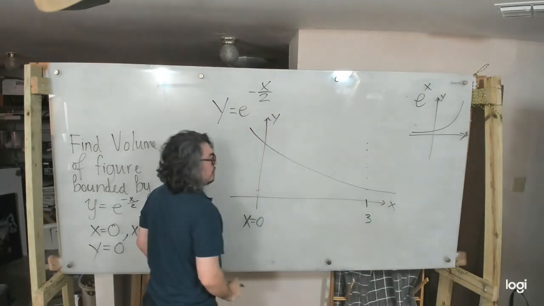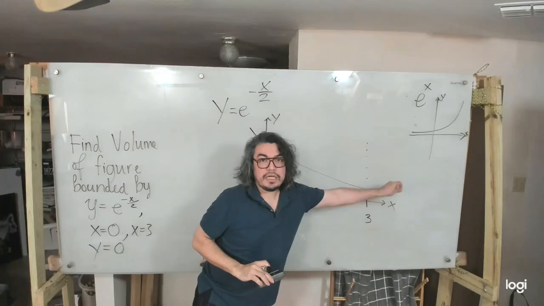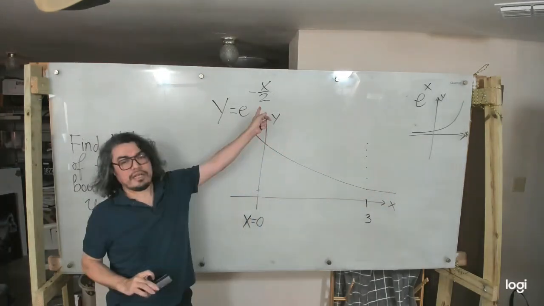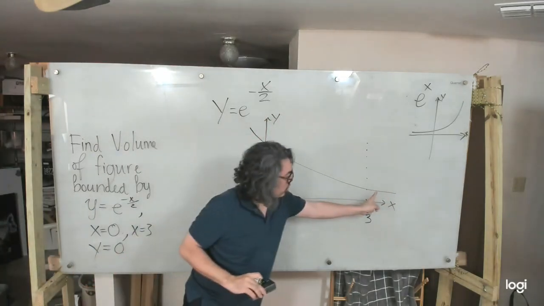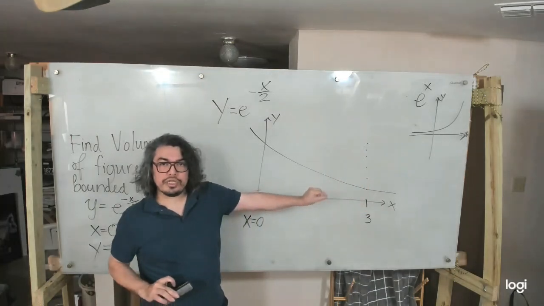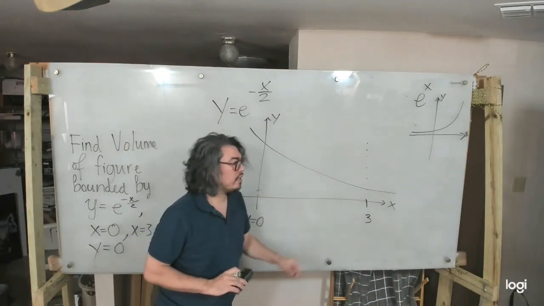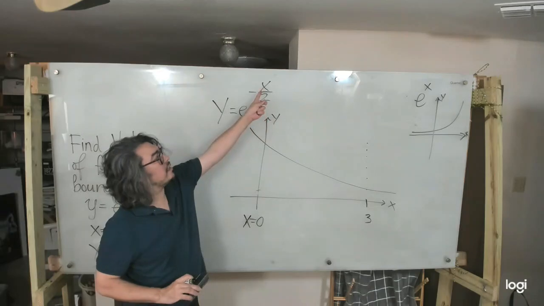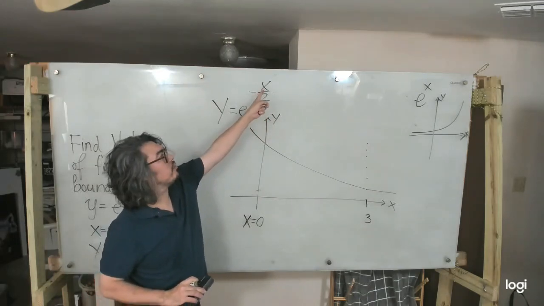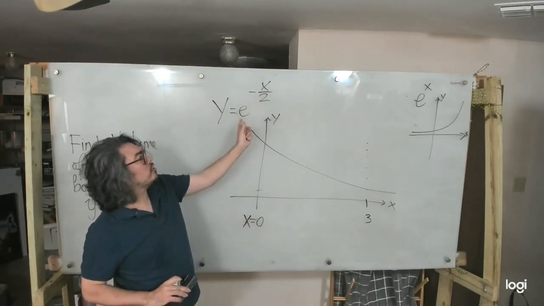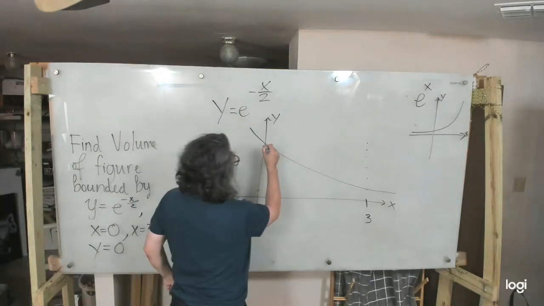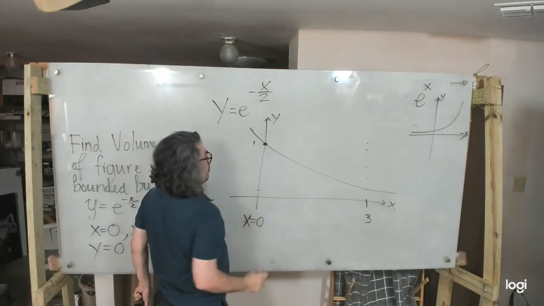And of course, as we go to infinity, the e to the negative x over 2 curve is going to get closer and closer to the x-axis forever, never touching, but getting closer. At x equals 0, negative 0 over 2 is just 0, so e to the 0 is 1. So it crosses here at y equals 1.